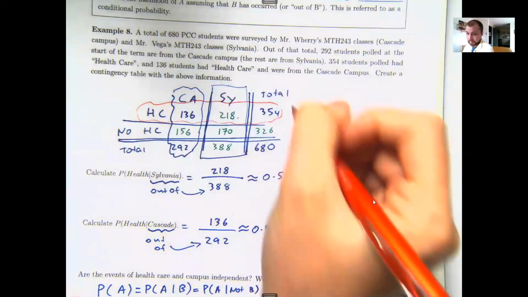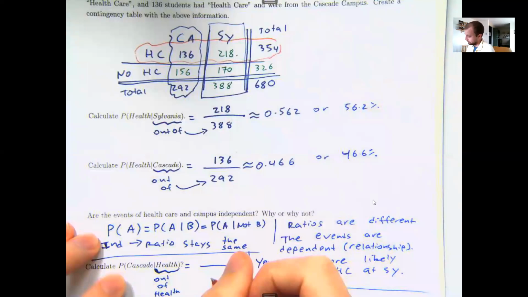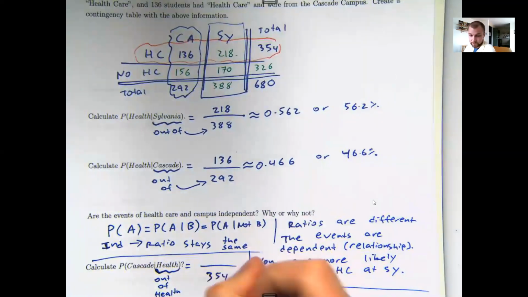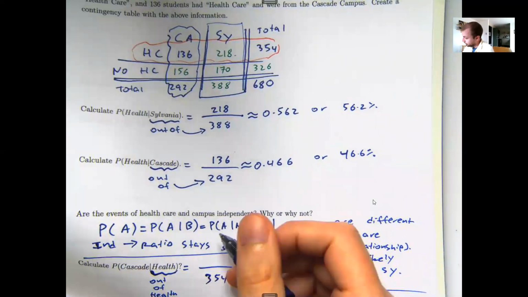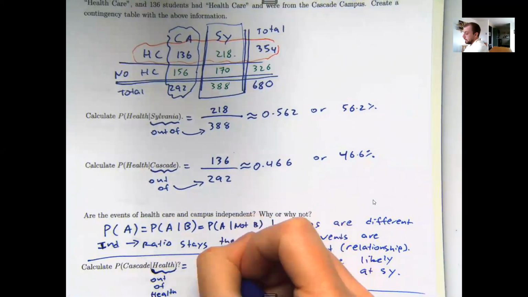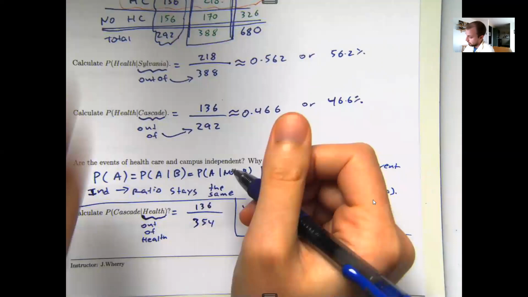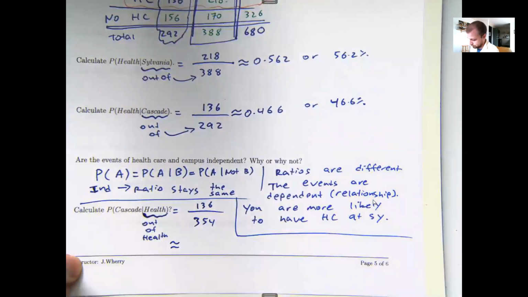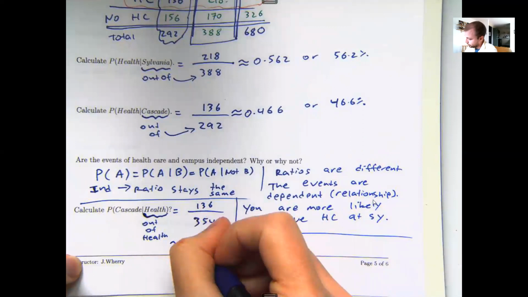This is out of 354. From those 354, 136 were from Cascade. If I type this into my calculator, that gives me 38.4%.